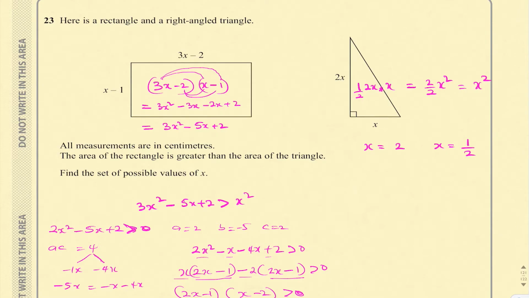So if I sketch this curve quickly, just a simple sketch. This is a half here, and that's 2 there. And the curve passes through plus 2 at the y-intercept.